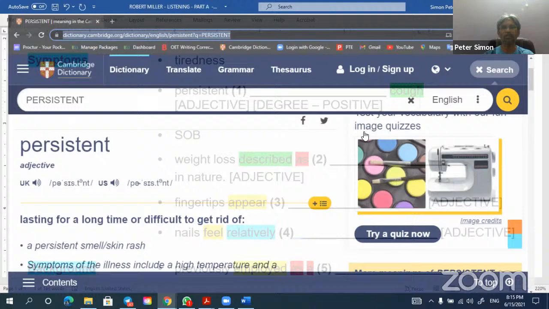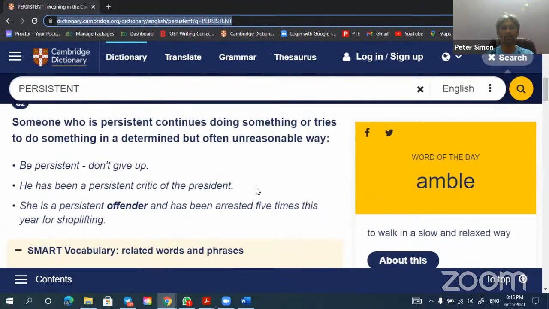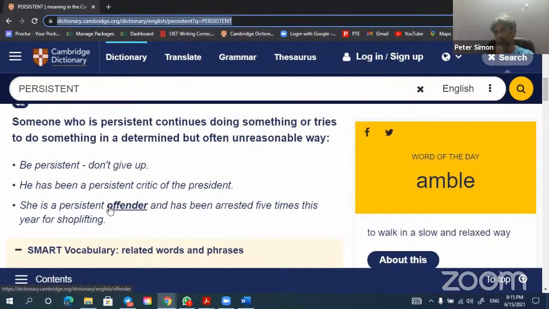Now, persistent means, okay. He is a persistent drug addict. Okay. You can use it wherever you want, but be careful.